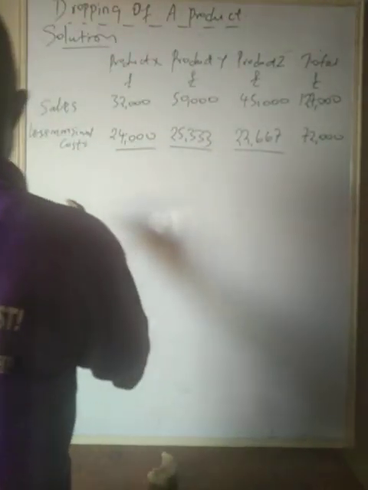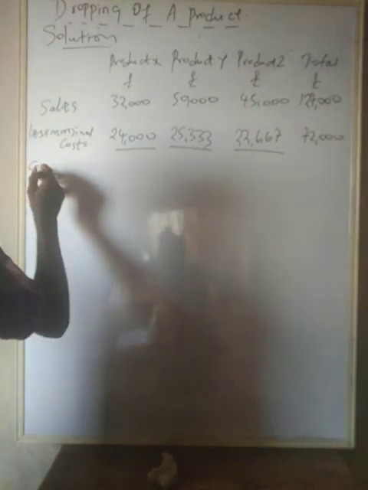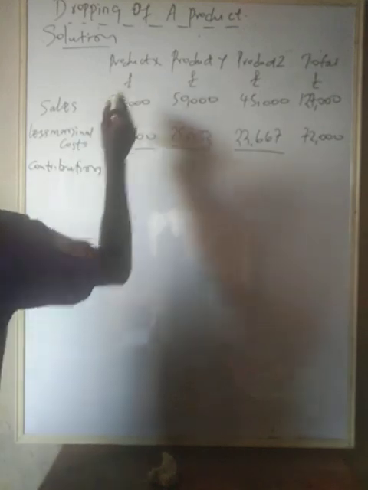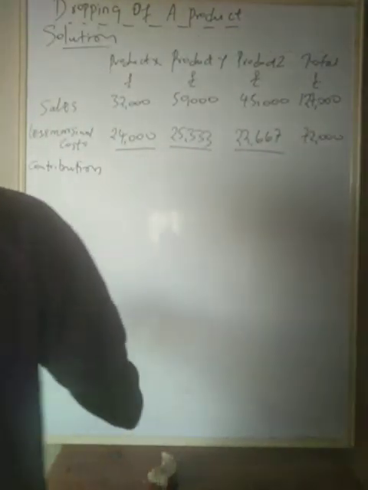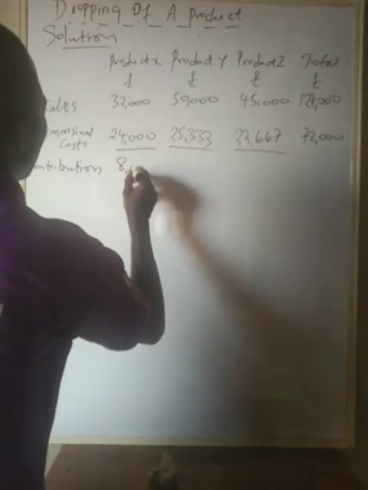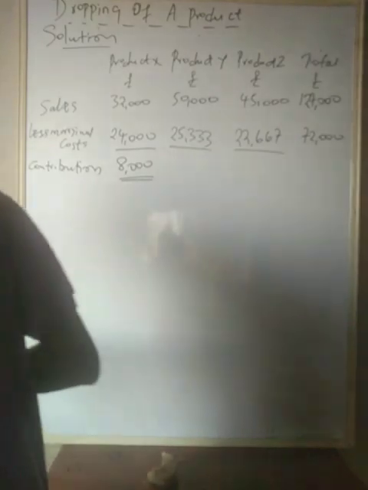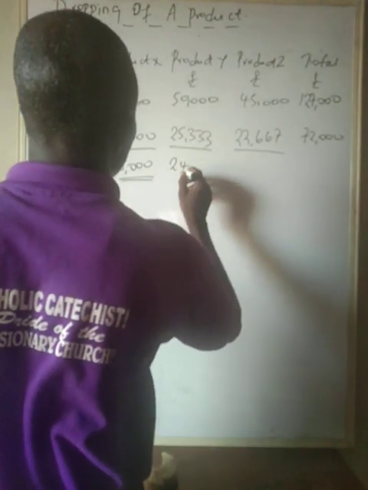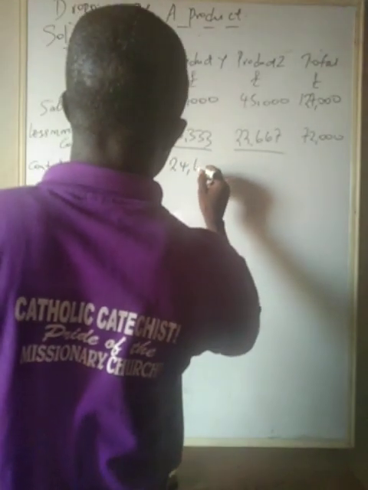The contribution from product X is 8,000 pounds. Contribution from product Y is 24,667 pounds.